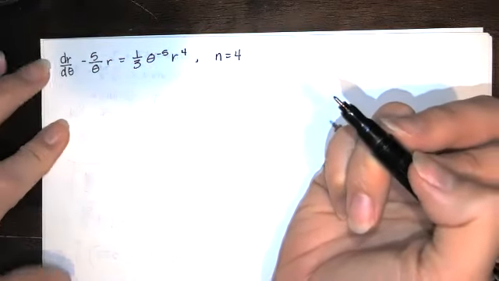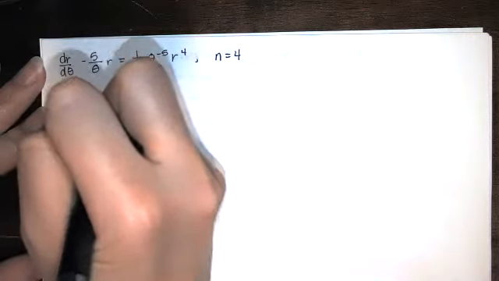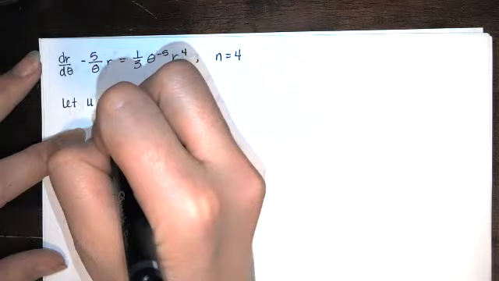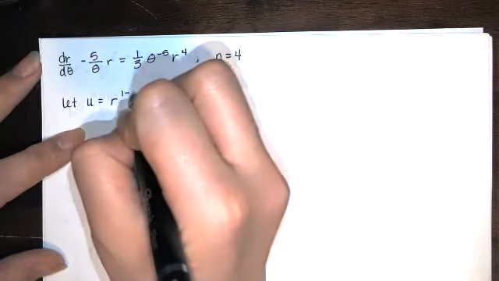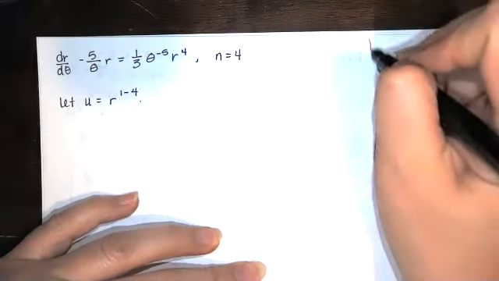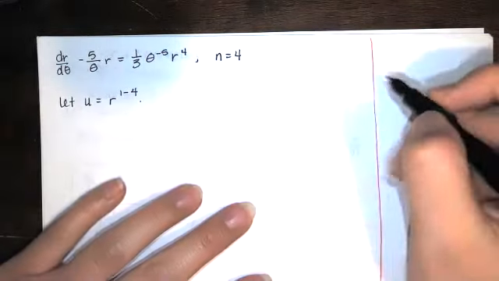When we solve a Bernoulli differential equation, we always start by letting u equal our dependent variable, in this case r, to the 1 minus n power, and n in this case is 4. Don't let the change of variables bother you. You just have to remember what is the dependent variable and what is the independent variable.